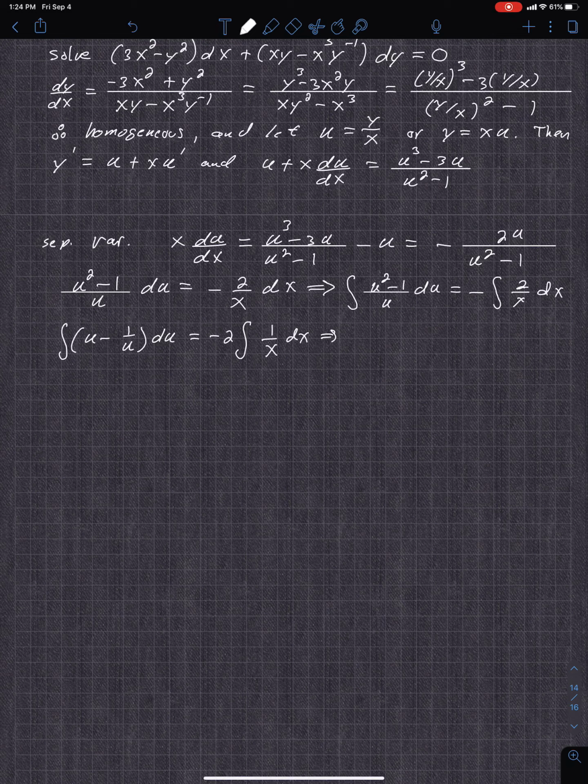This is if and only if that implies you get 1/2 u squared minus ln absolute value of u equal to negative 2 ln absolute value of x plus an arbitrary constant. We'll just say plus c1 because we can redo it later.